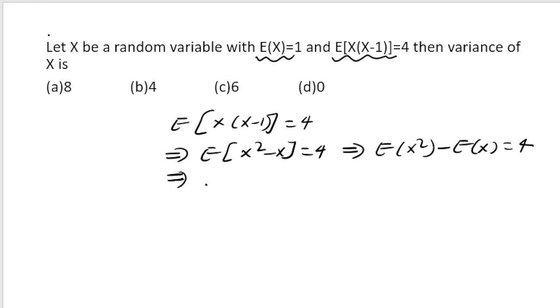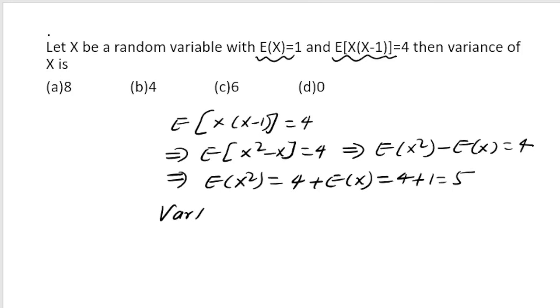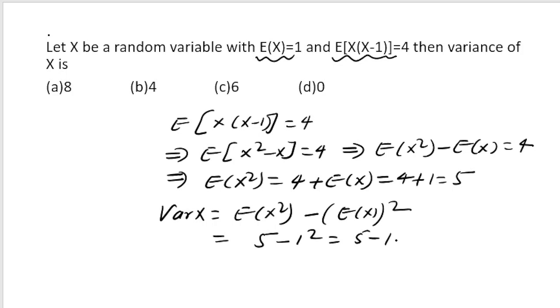So from there we can get expectation of x square is equal to 4 plus expectation of x, and expectation of x is also given, that is 1, so it is equal to 5. Now what is variance of x? Variance of x is expectation of x square minus expectation of x whole square. So expectation of x square is 5, expectation of x is 1 square, so it is 5 minus 1, which is equal to 4. So the correct option is B.